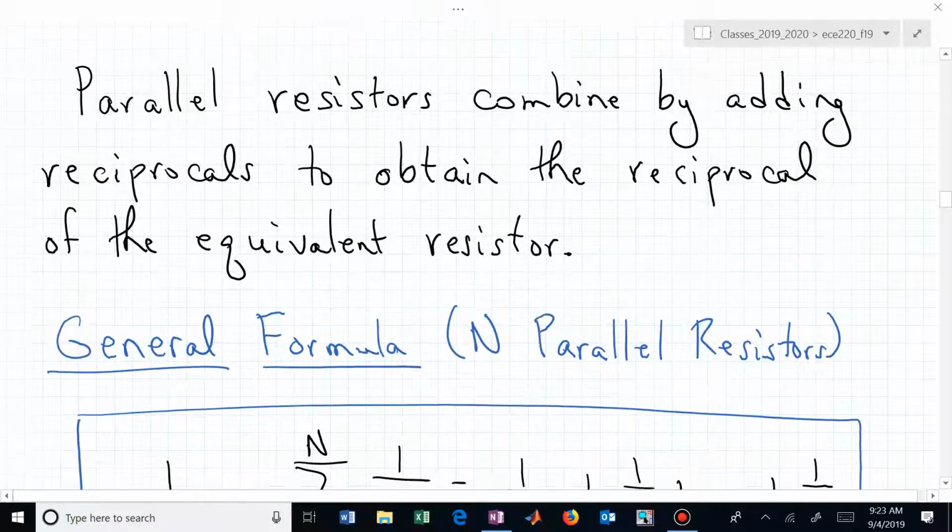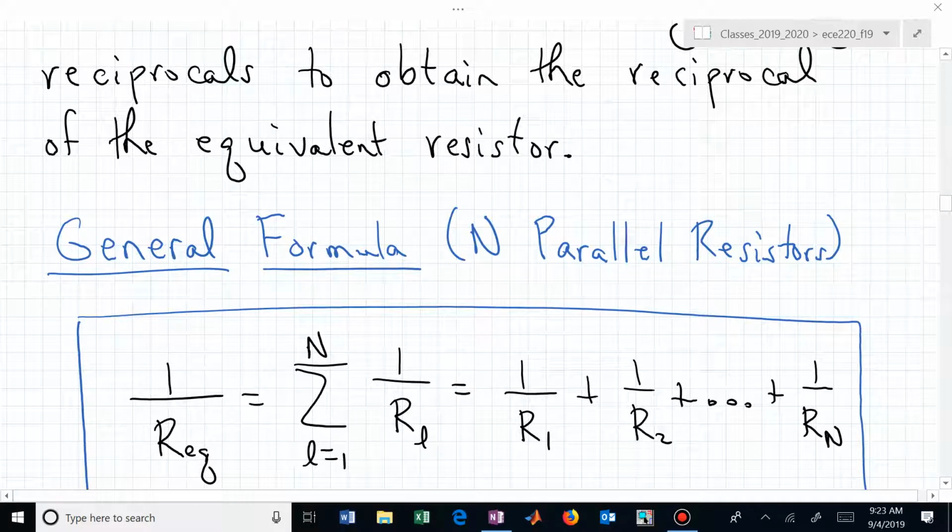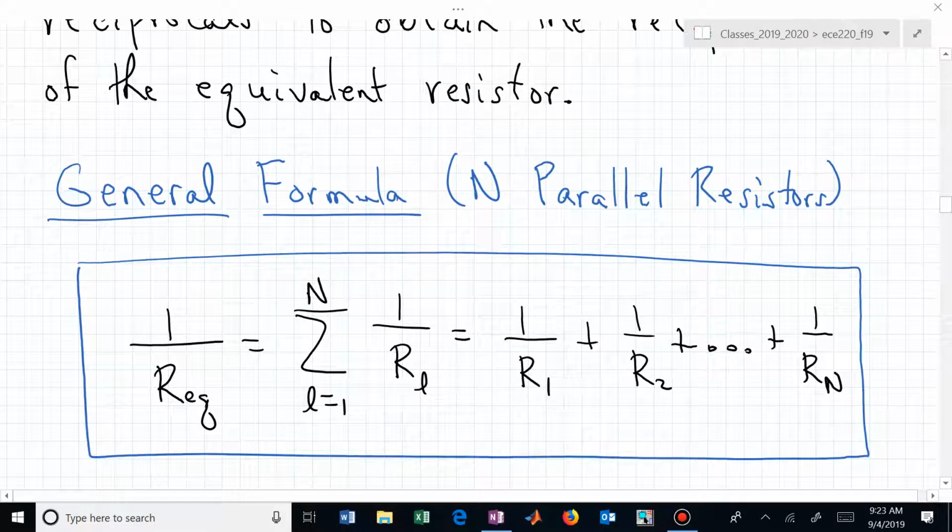And we can generalize that to N, capital N resistors in parallel to give us 1 over R equivalent is this sum of reciprocals, 1 over R1 plus dot dot dot up to 1 over R sub N. Anytime you have parallel resistors, you're thinking adding their reciprocals.